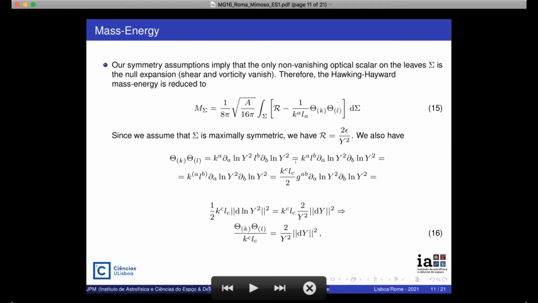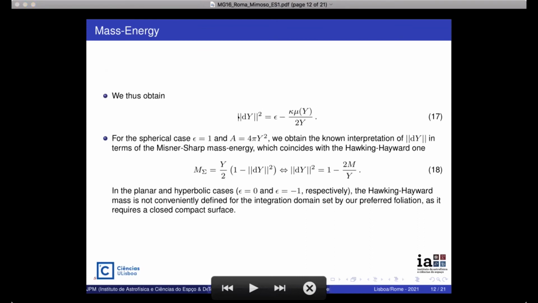So if we replace R with this and the normalized product of these two expansions by this expression, we get a result which generalizes something very familiar when we deal with Misner-Sharp mass energy in spherically symmetric objects: the square of this form is epsilon minus k parameter mu of y, which will represent a generalized mass, and which I will discuss in a moment.